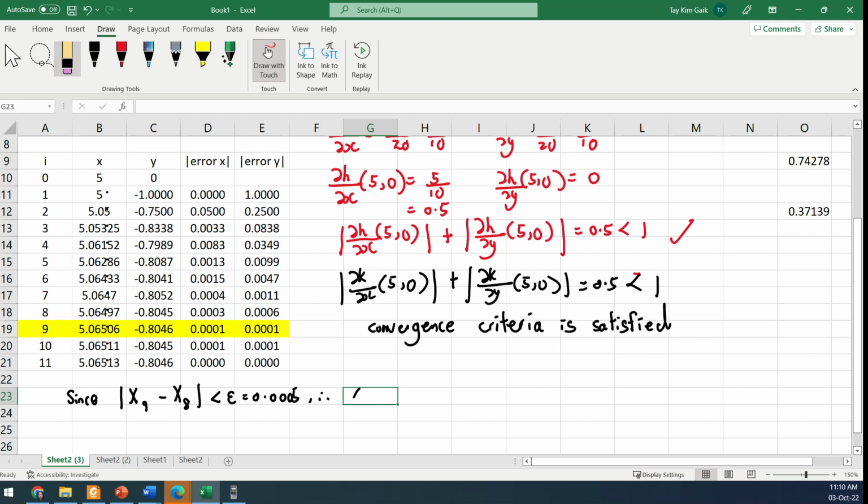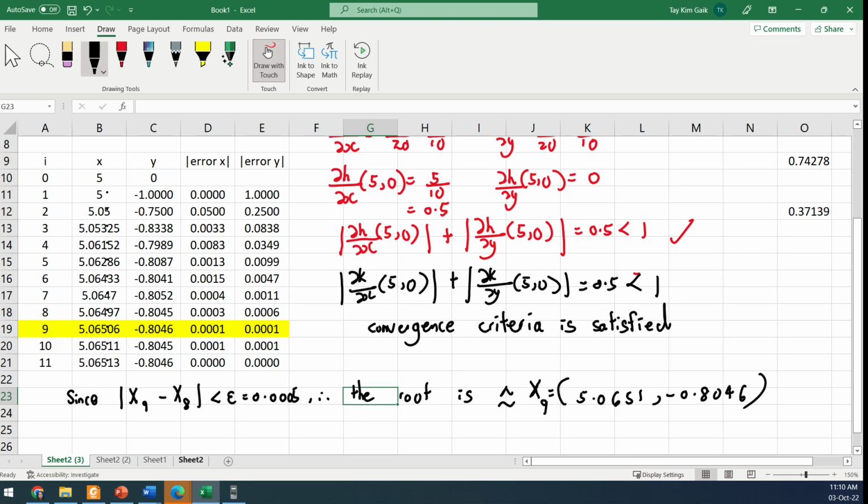Therefore the root is approximately x number 9. This vector x number 9 is equal to 5.0651, negative 0.8046.